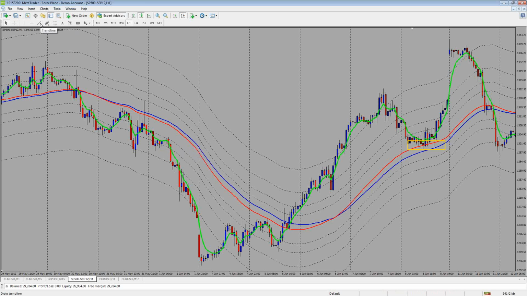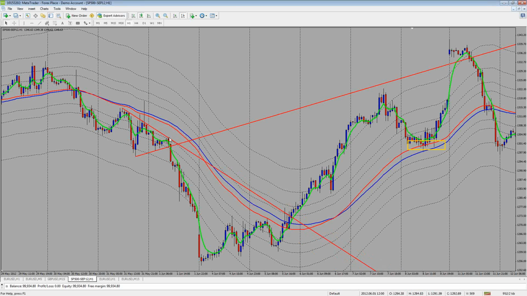For example, we have this downtrend. This whole area is the downtrend. We can see here this clear downtrend. We see the price reaching some support, converging, and around here it's forming sort of a triangle.